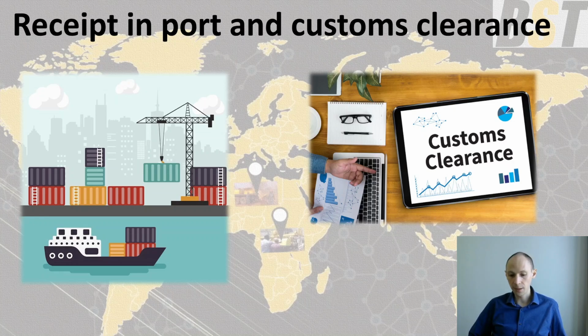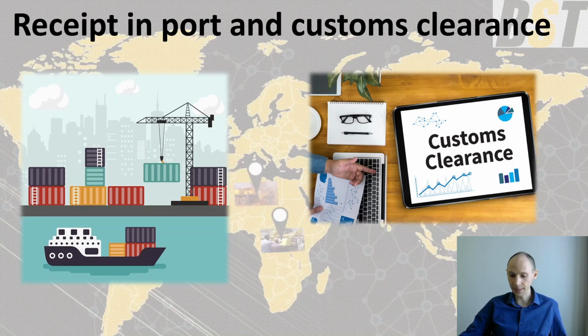So it means that you will get the right to take this container to the warehouse. And from this moment, the process of customs clearance starts. So what is customs clearance? Customs clearance is providing all necessary documents which are required by your country in Africa in order to take the container from the port and to open the container and clear the rigs so you could start selling them to your final customer.